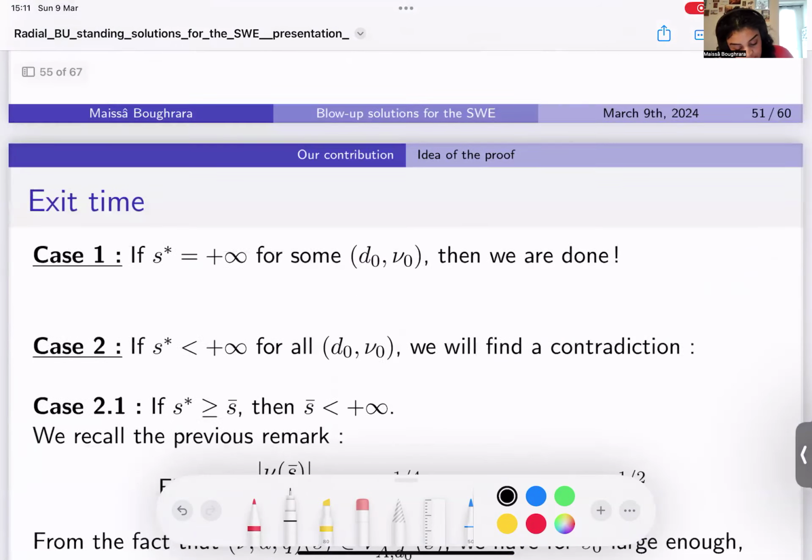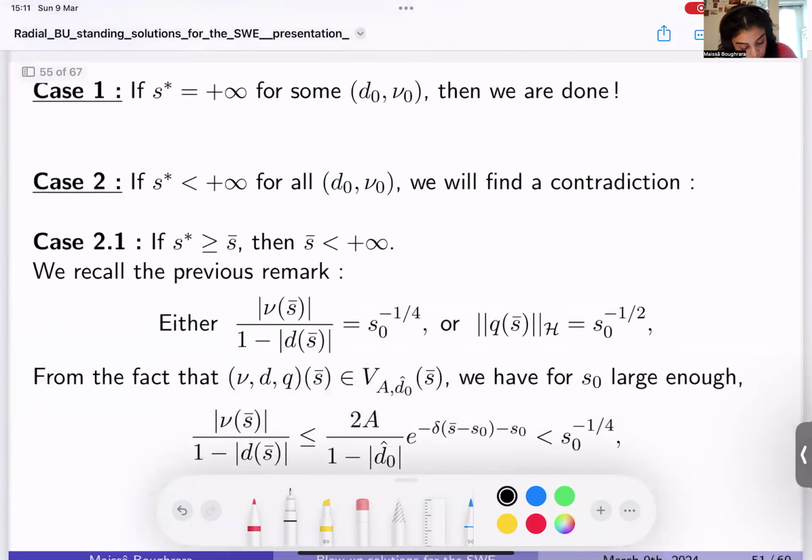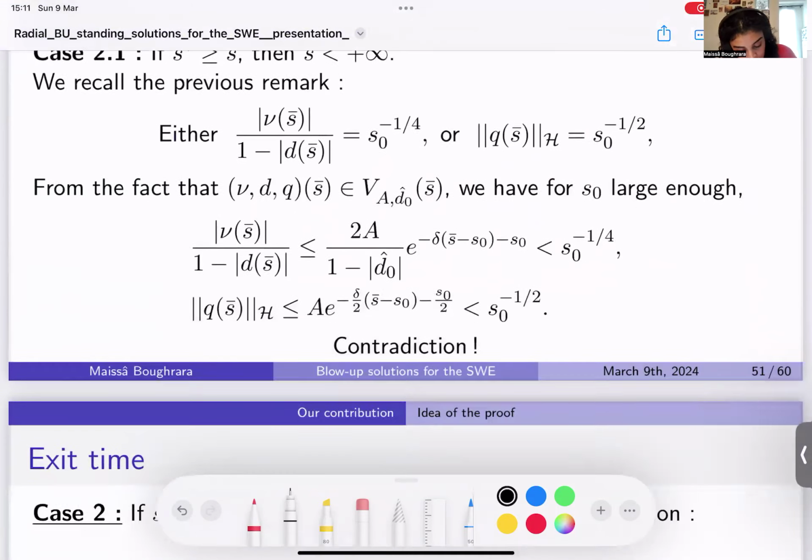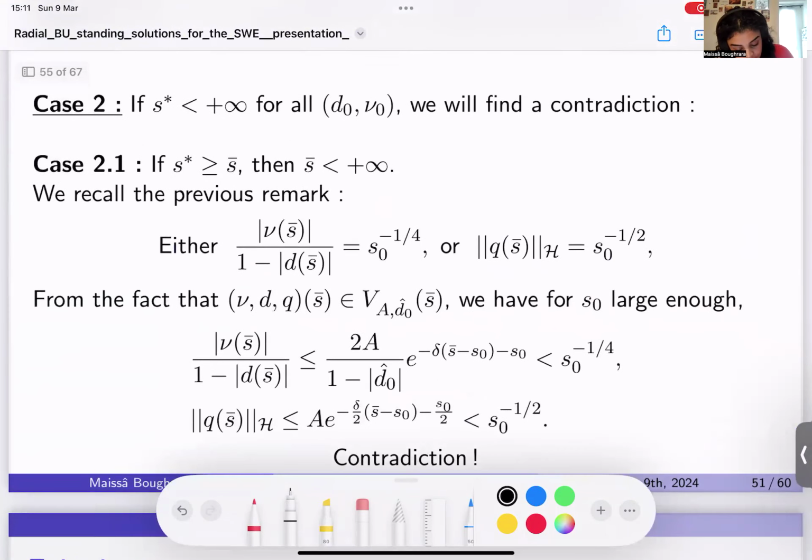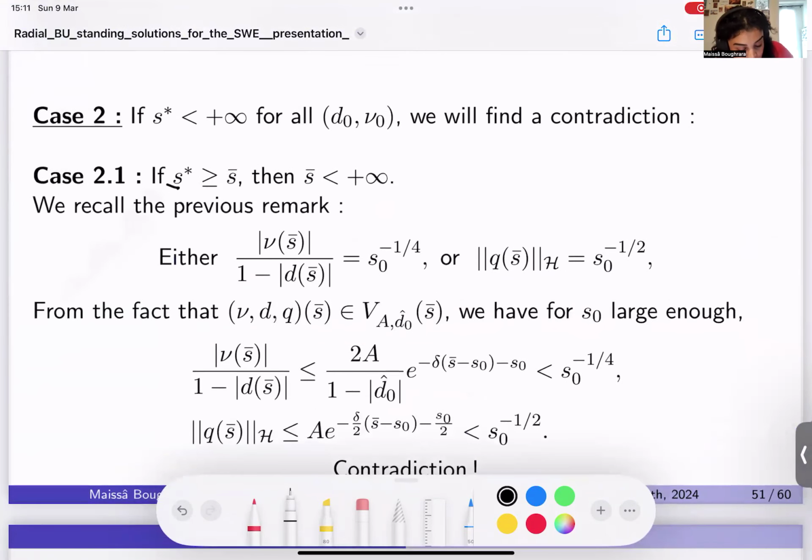Okay, so if it is an equality, then since we have that S star is greater than S bar, it means that at time S bar, our parameters are still inside the shrinking set. They didn't exit yet. So here, okay?